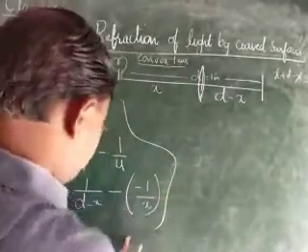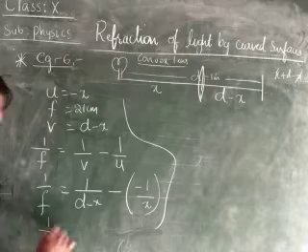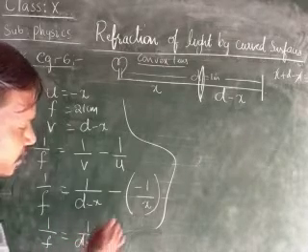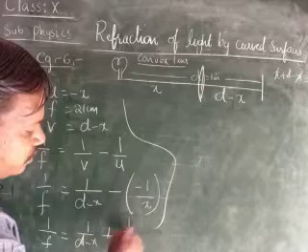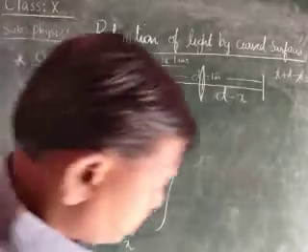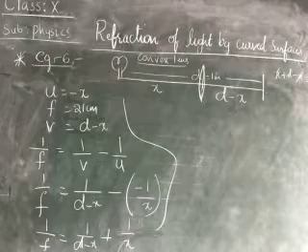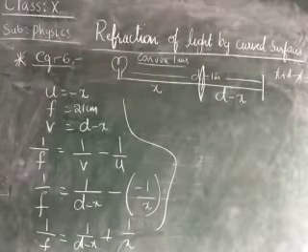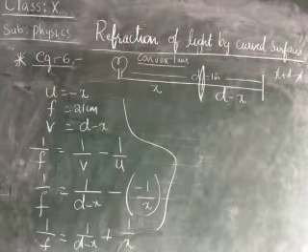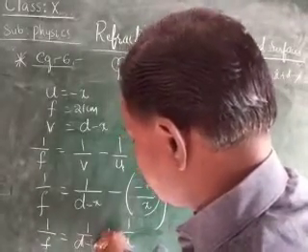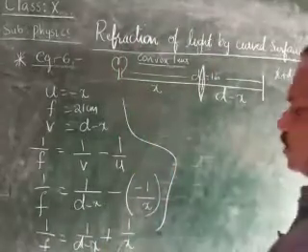Okay. That is 1 by f is equal to 1 by d minus x. Minus into minus is plus, children, plus 1 by x. Okay, right.